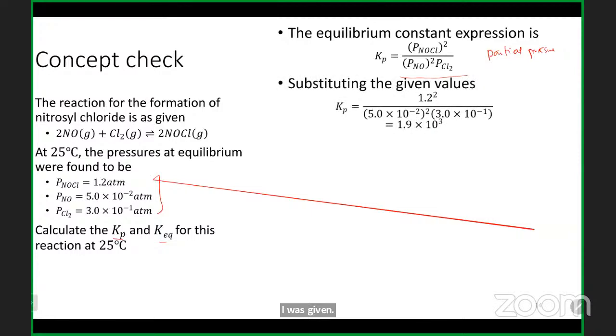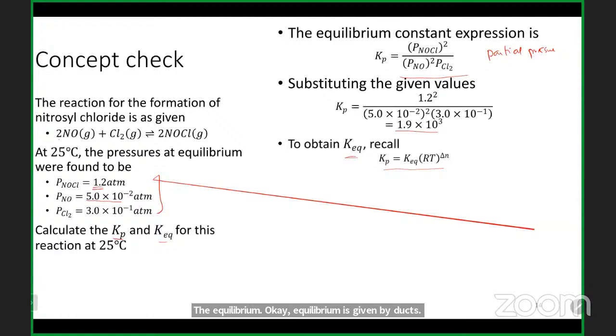So if we substitute the values that we have, 1.2 for NOCl raised to power 2, 5.0 for NO raised to power 2, and 3.0 times 10 to minus 1 for Cl2, we arrive at this value. The equilibrium constant, K equilibrium, is given by that.